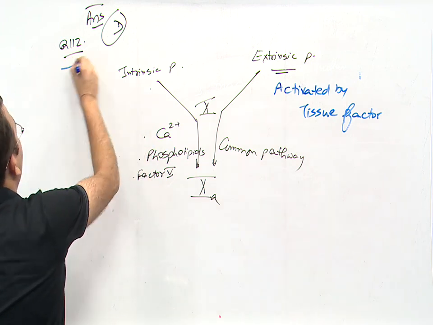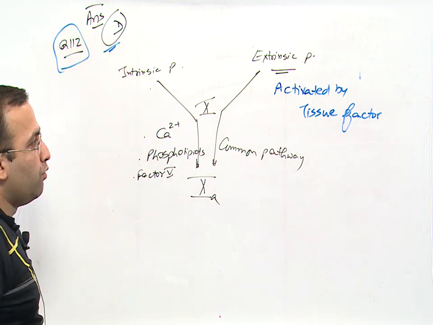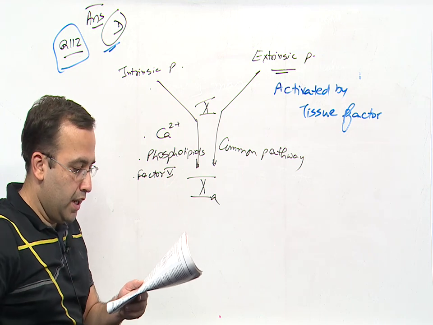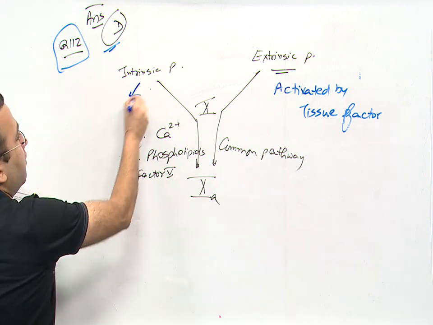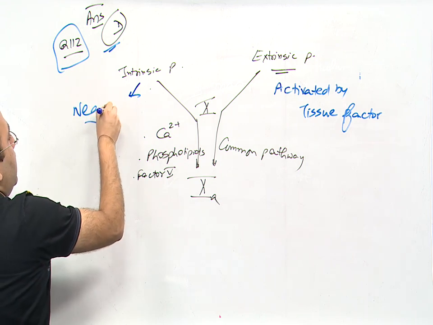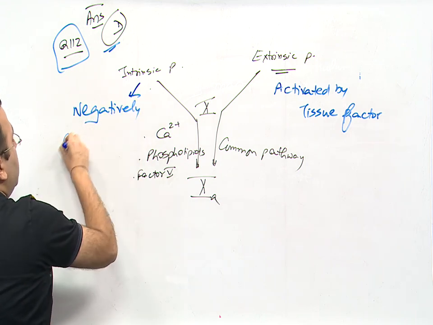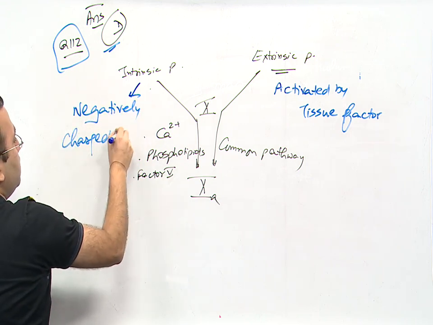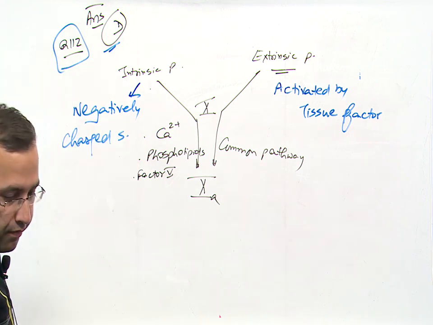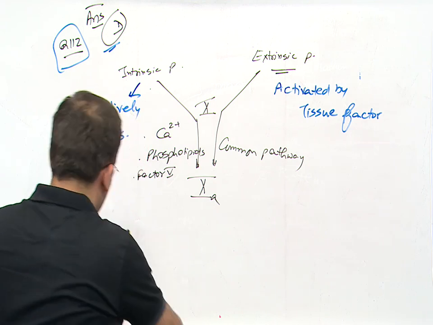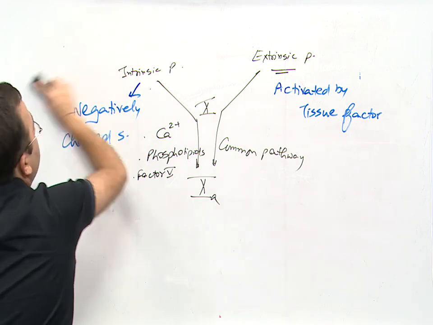So the answer to question 112 is D. The intrinsic pathway is by negatively charged surfaces. So the answer is D.